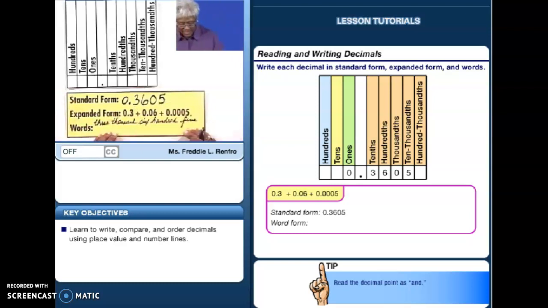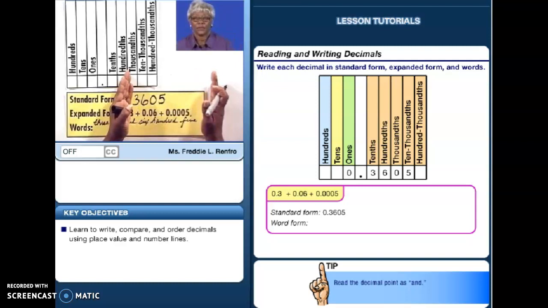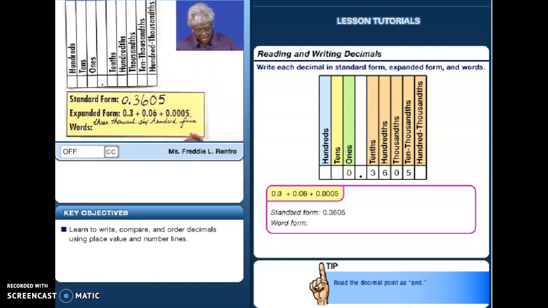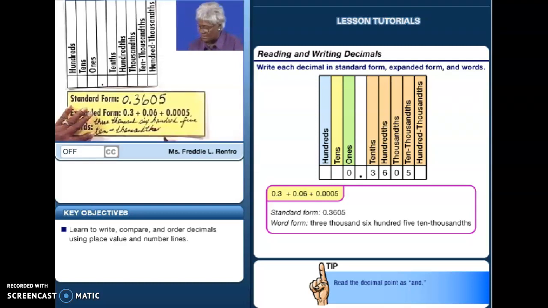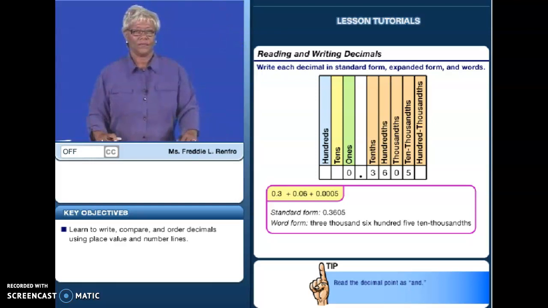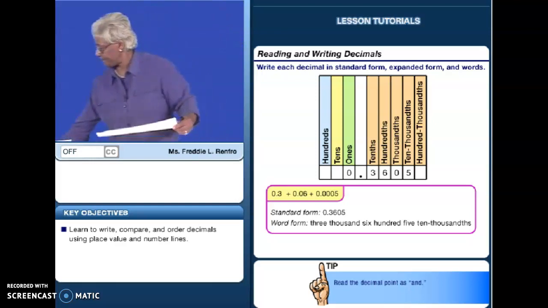Notice I'm writing this and reading it just like I would normally read a whole number. But it's a decimal. And then what I need to add is how many places it is to the right of the decimal. There are 4 places. 1, 2, 3, 4. So it's 10,000ths. And notice I added the THS to it. Okay? Let's try another one.